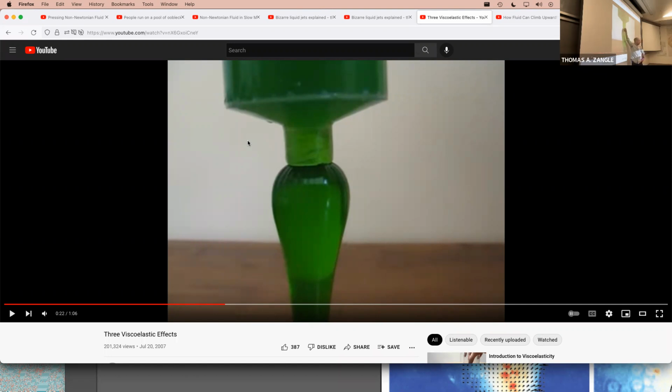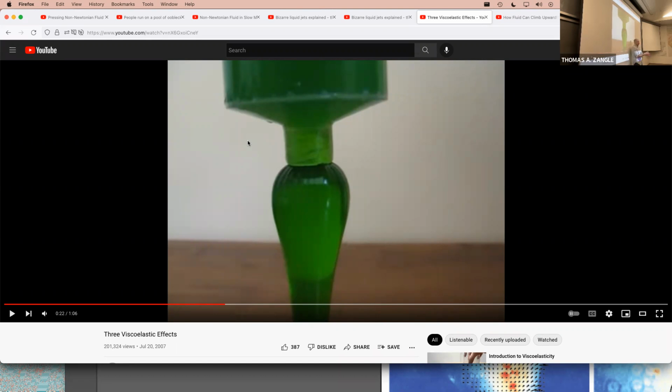So what we can think of as happening here is this fluid is behaving a little bit like a solid. So it has an elastic component of its response. We start out with the fluid in this nice wide region, and then we squeeze it in to pass through this narrow neck. Now, for a pure fluid, it doesn't care that you're squeezing it in.